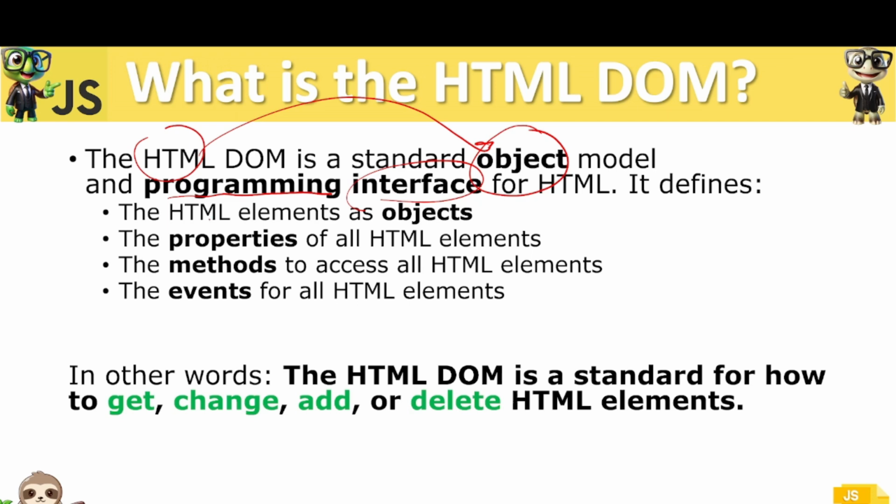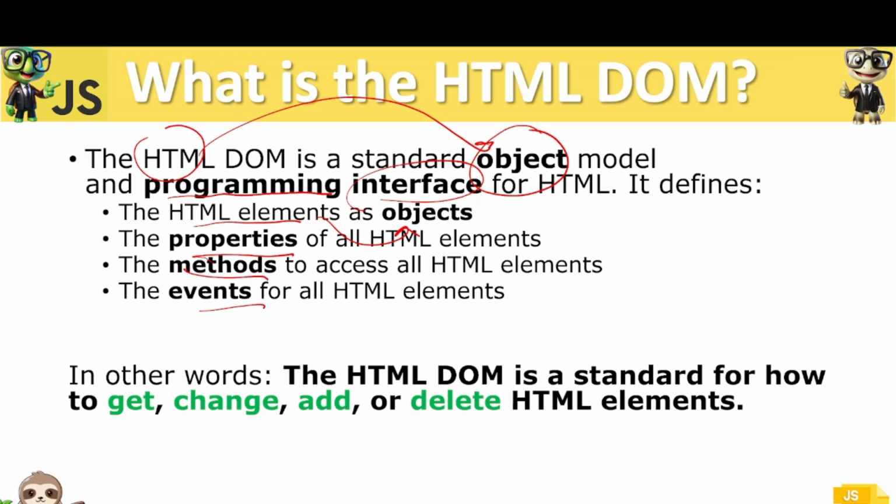It defines the HTML elements as objects. So every HTML element is considered an object in JavaScript. The properties, the methods, the events, all of these are accessible, and you can modify and change them using the JavaScript object. That's where the actual power comes into play.